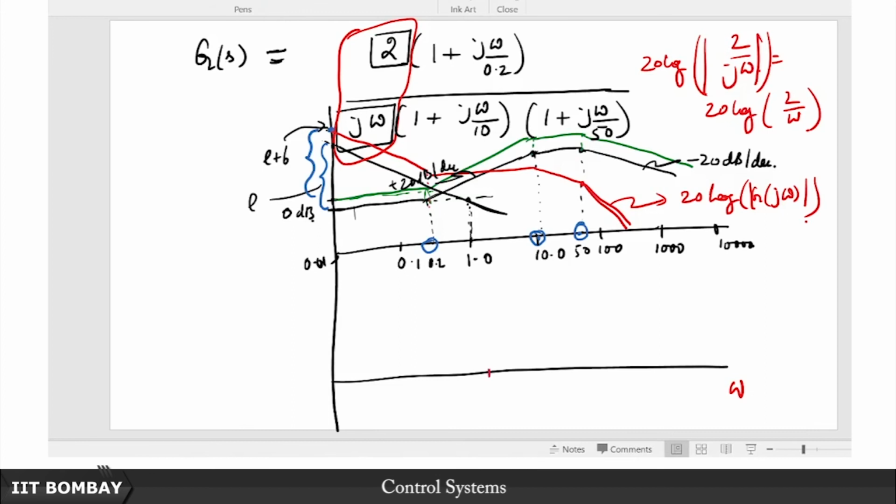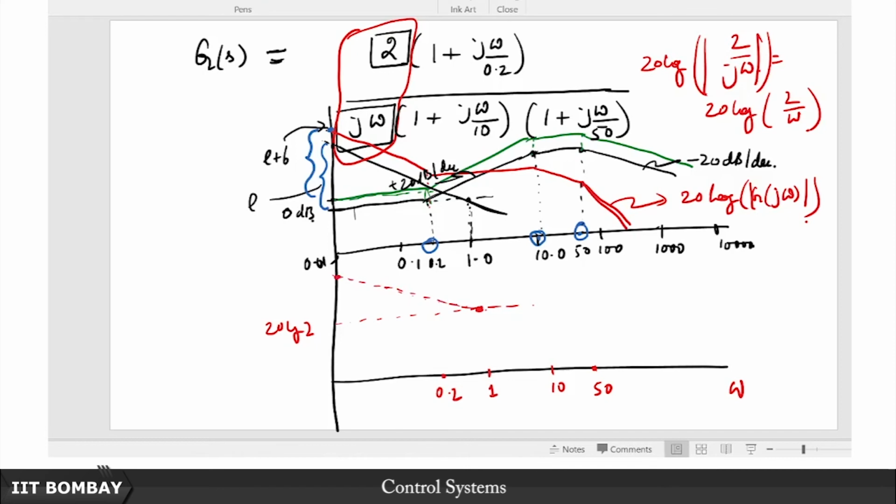So ω equal to 1 is always going to be an important point for you if you have an integrator in a system. Now this is 0.2, this is 1, this is 10, this is 50, and that is all that you care about. At 1, you take this 20 log of 2, and you extend this line to the left with a slope of minus 20 dB per decade, and that is it.